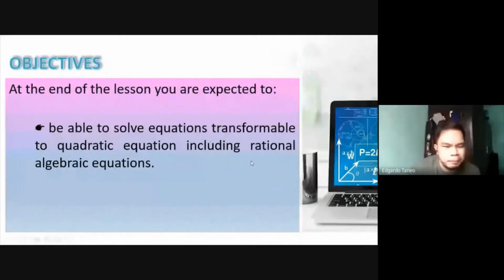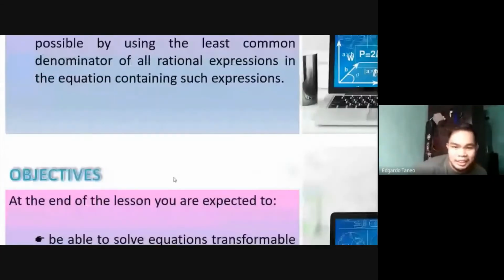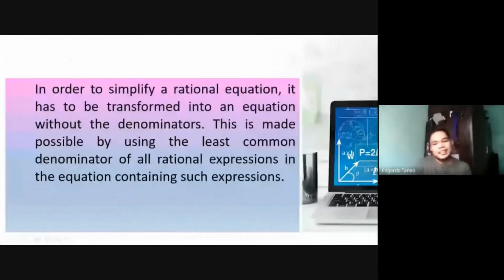In order to simplify a rational equation, it has to be transformed into an equation without the denominators. This is made possible by using the least common denominator of all rational expressions in the equation containing such expressions.